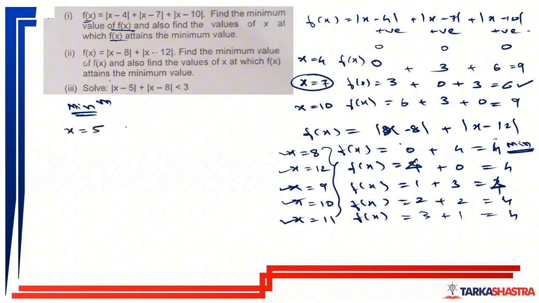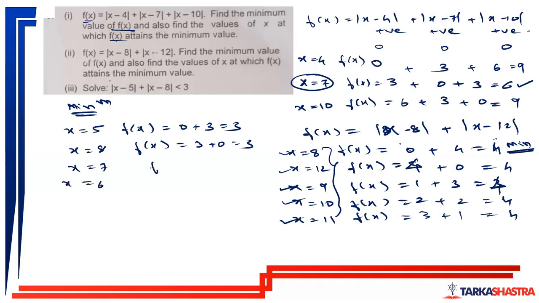Either we'll put x is equal to 5, which will give f of x is equal to 0 plus 3 is equal to 3. Or if I put x is equal to 8, I'll get f of x is equal to 3 plus 0, that is 3. If I put any value between them, x is equal to 7, x is equal to 6, I am going to get f of x is equal to 3.